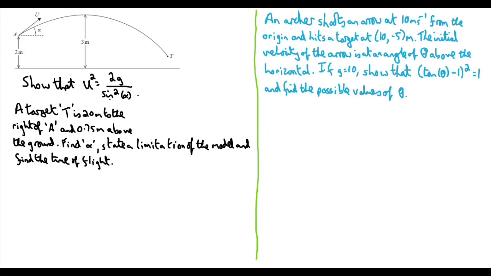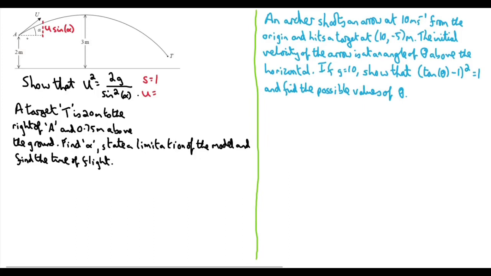So as I say, for this one, in the vertical, because we once again know this vertical height here, even though we don't know the distance across, we can say that the vertical displacement to begin with is going to be 1, because we're going from an elevation of 2 meters up to 3 meters. U is obviously not just going to be U, but it's going to be this component of the U, so it'll be U sine alpha.